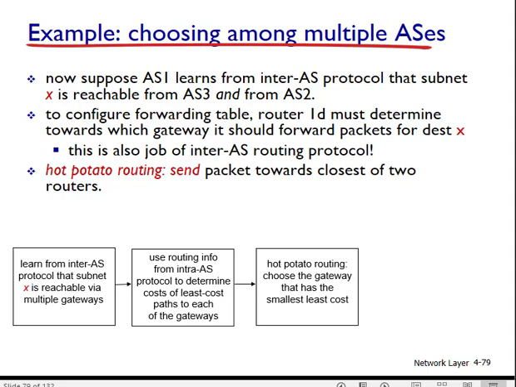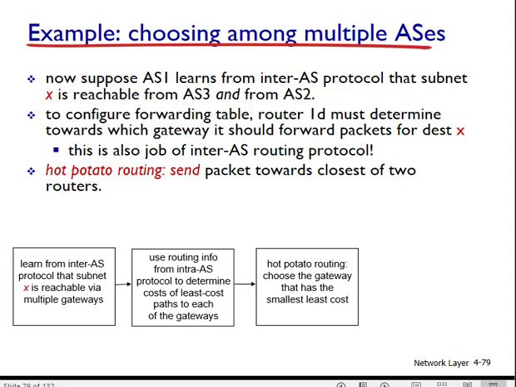In summary, the problems of scale and administrative authority are solved by defining autonomous systems. Within an autonomous system, all routers run the same intra-autonomous system routing protocol. Among themselves, the autonomous systems run the same inter-autonomous system routing protocol.